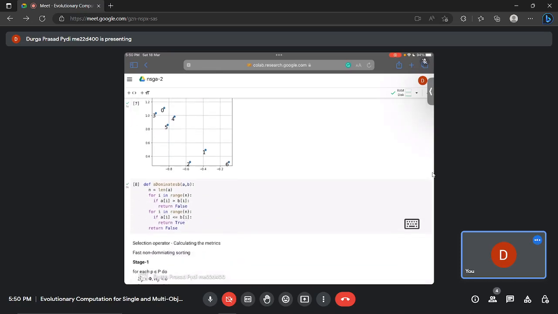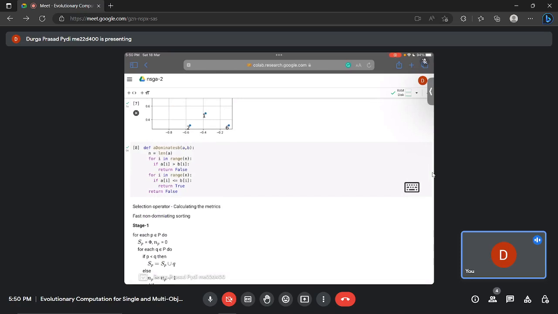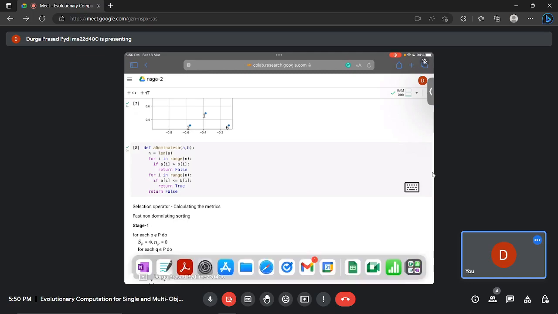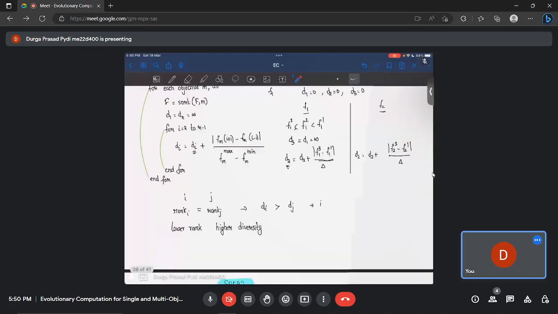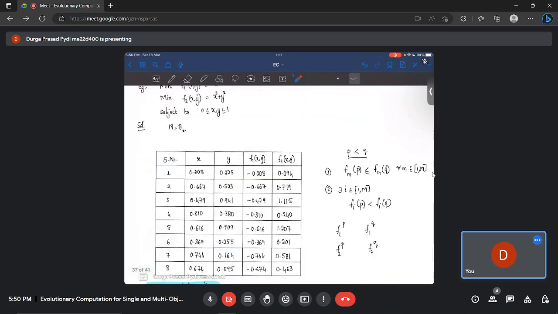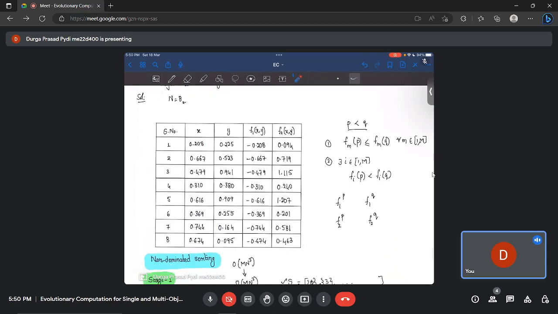This function tells whether, as we were discussing with P and Q, P is dominating Q or not. I've defined a small function, whether A is dominating B or not. There are essentially two things we need to check.